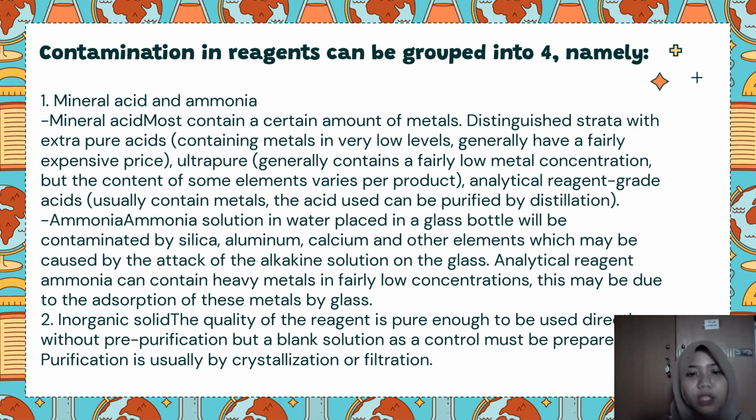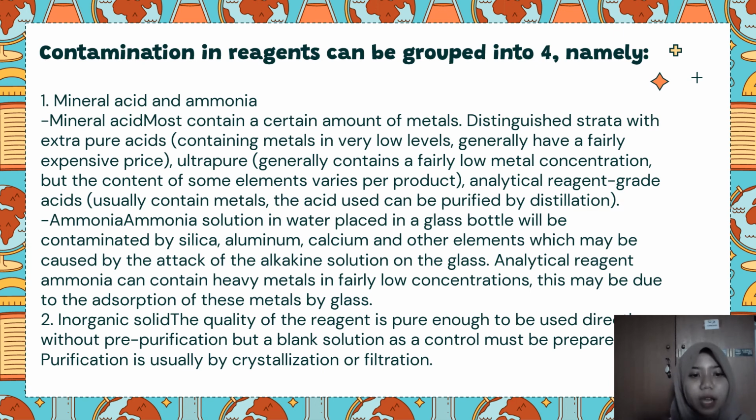Ultra pure generally contains a very low metal concentration, but the contents of some elements vary per product. Analytical reagent grade acid usually contains metals. The acid used can be purified by distillation.